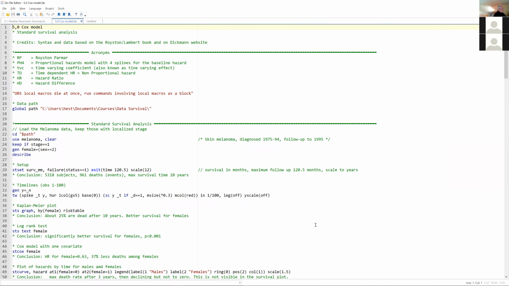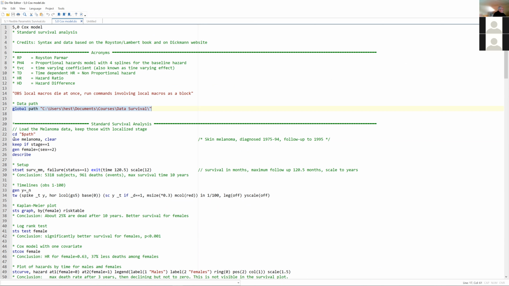So now I'm going to my 5.0 Cox model syntax. I have a path here that tells where my data are. So I'm just running this one and can use that as a macro. And when you see the command cd path, that means I'm always looking for the data at this given path. If you want to do this, you just need to change this global path once, and then everything else should be okay.